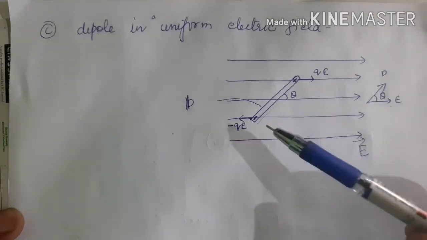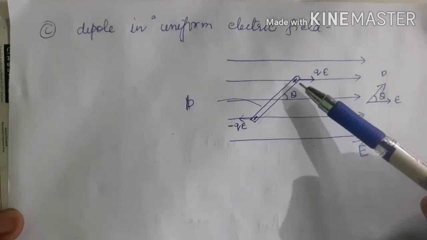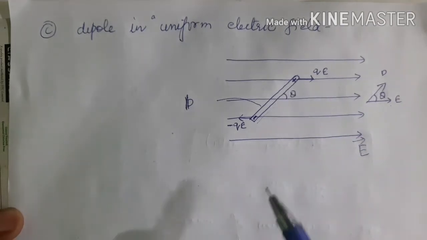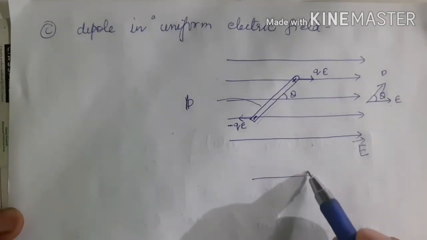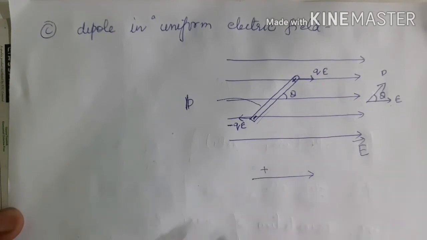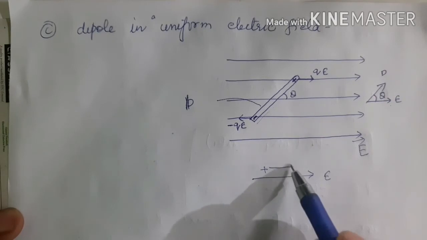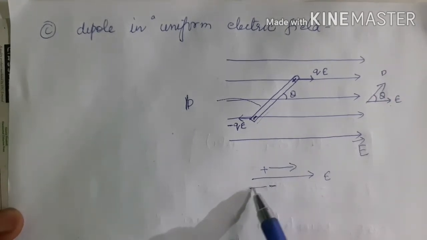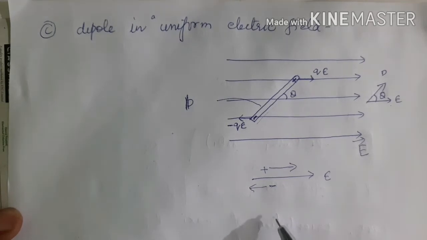Now we know that when a dipole is placed in a uniform electric field, then the positive charge, again I am reminding it, when a positive charge is placed in an electric field, it will move along the direction of electric field. When a negative charge is placed, it will move opposite to the direction of electric field.